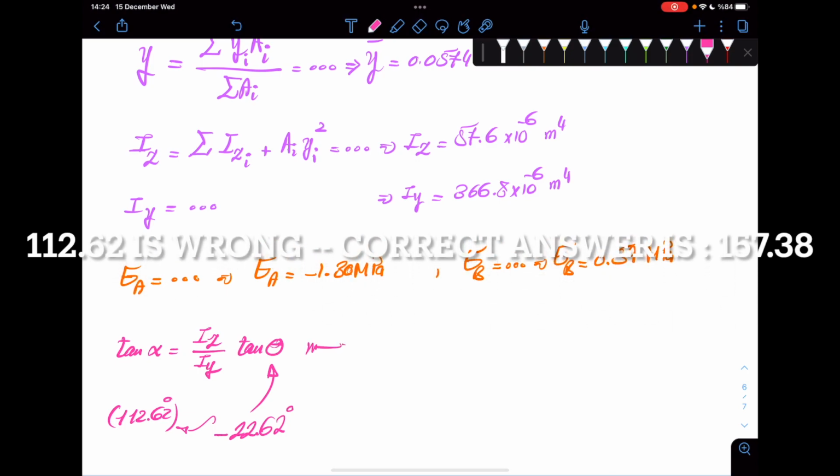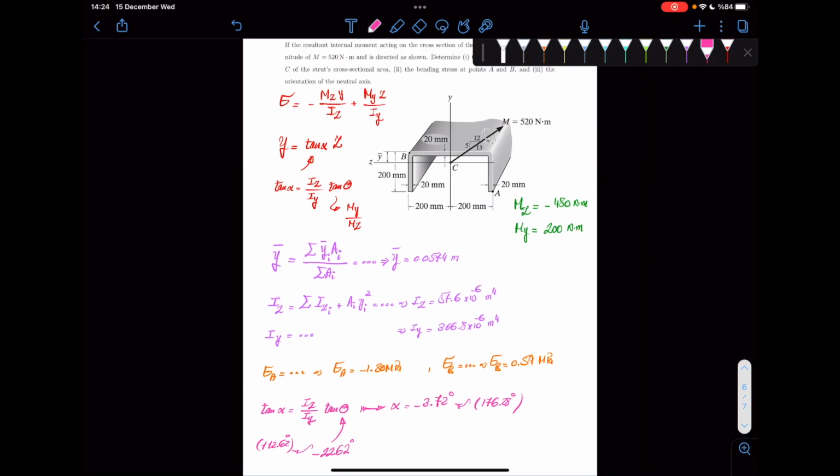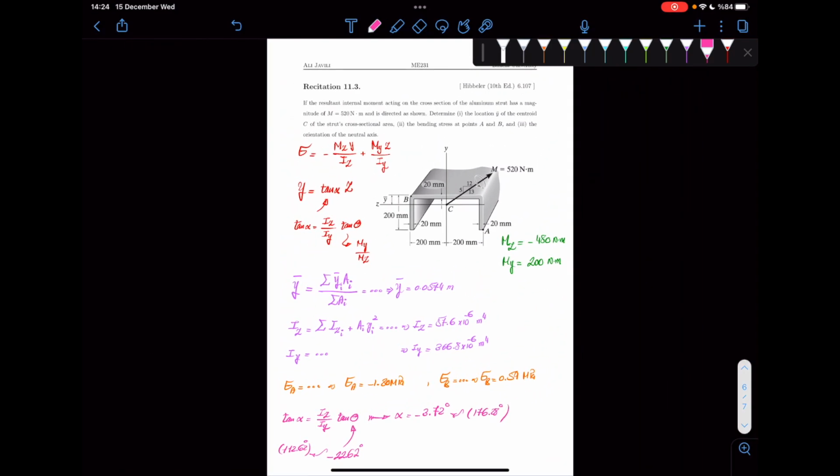If you use the formula now for alpha, you get minus 3.72 degrees. Or equivalently, you can think of it as 176.28. So that would be your alpha. This is the answer to this question. As I mentioned, there are a few subtle points, but the rest is just calculations. If you take those points correctly, I think you should be fine.